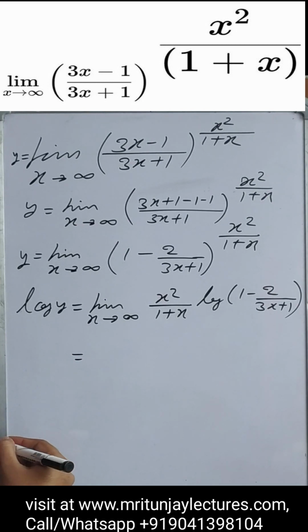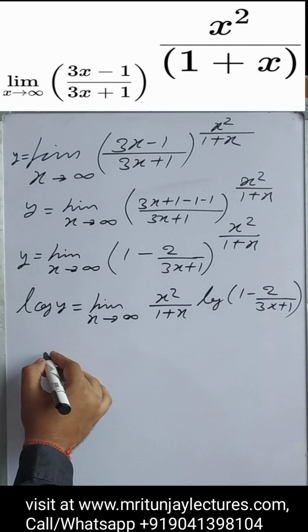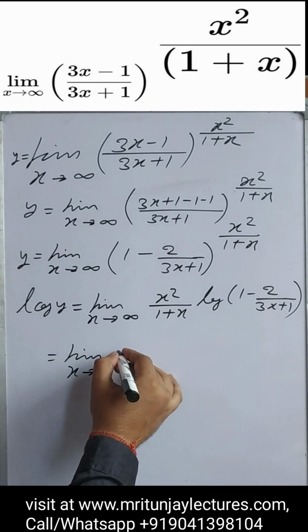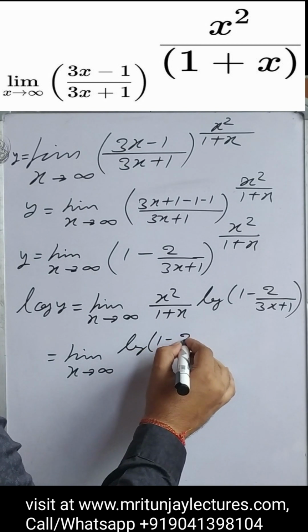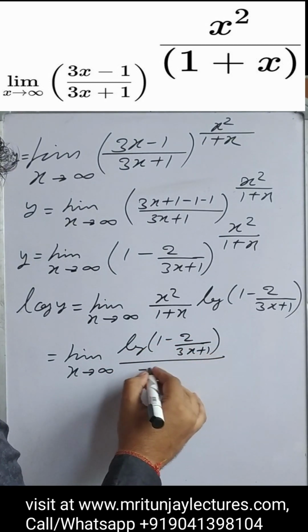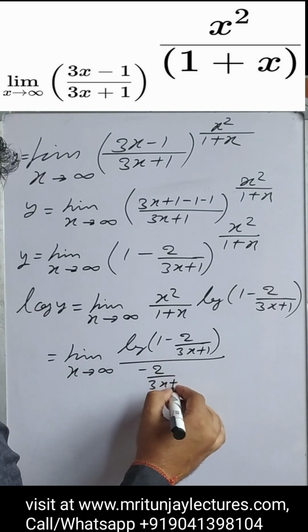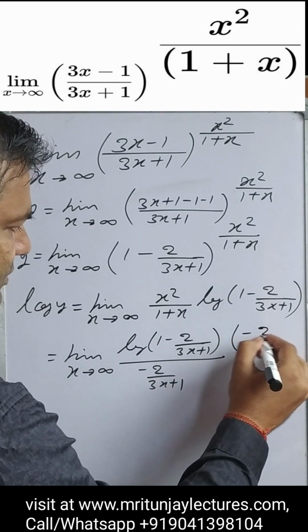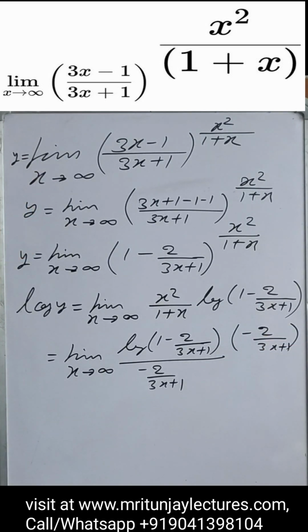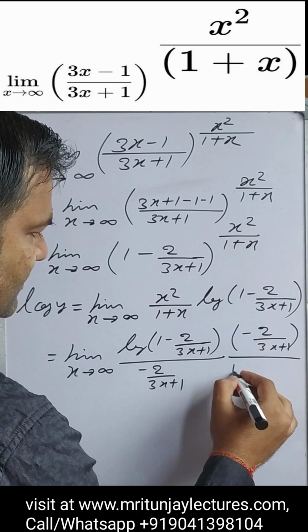First of all, limit x tends to infinity, log of 1 minus 2 upon 3x plus 1, upon minus 2 upon 3x plus 1, into minus 2 upon 3x plus 1. Okay, and that one is multiplied by x square upon 1 plus x.